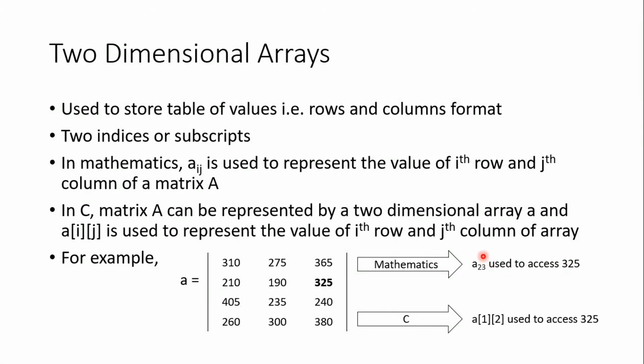The same can be represented in C like A[1][2]. 1 means second row and 2 means third column, because in C index starts from 0. So A[1][2] will represent the same value 325.